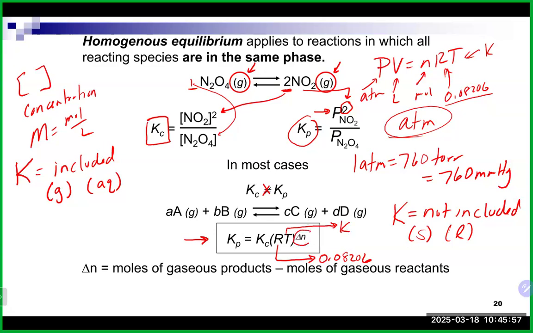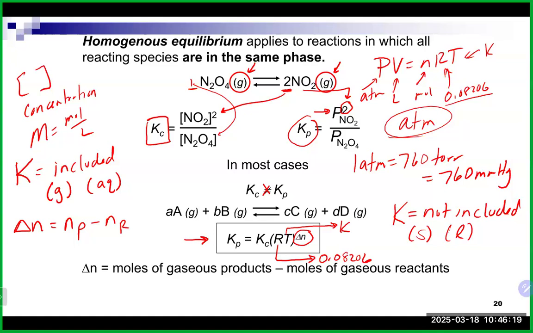And delta n is actually the change in the number of moles. And that is basically the moles of the products minus the moles of the reactants. And it's really important when you calculate delta n, and people screw up on this all the time, that you do the products minus the reactants.